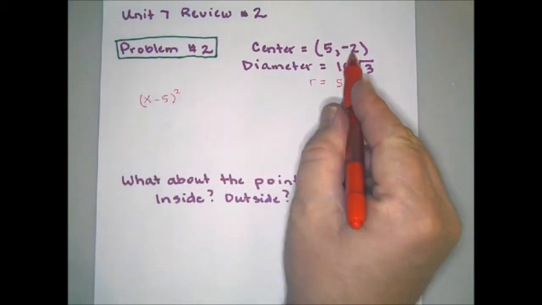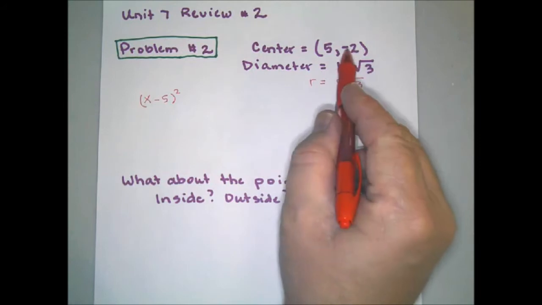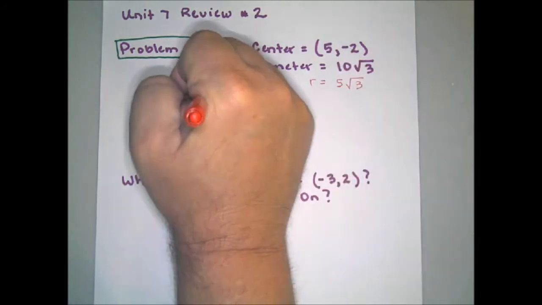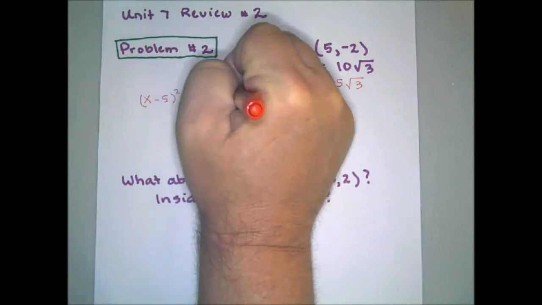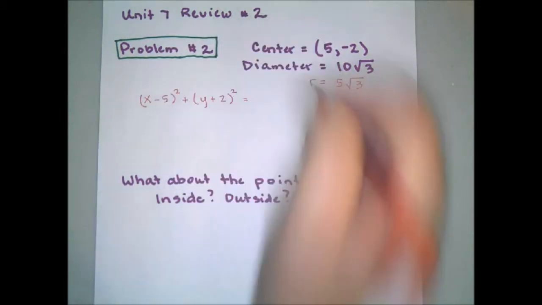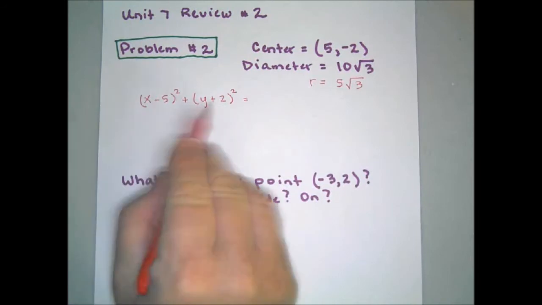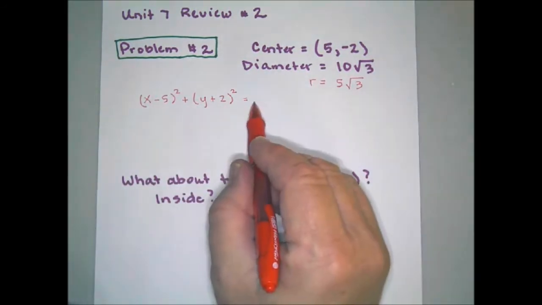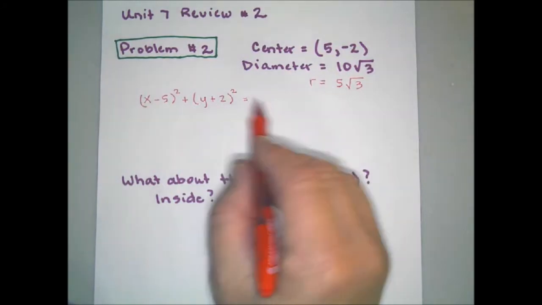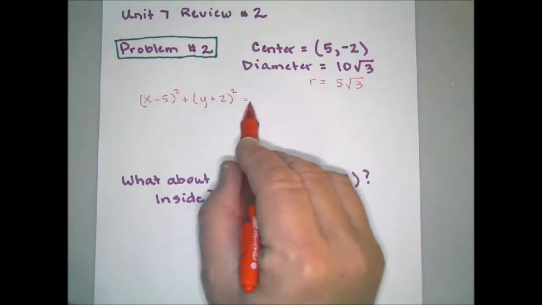Same thing for the y of -2. In order for the y-coordinate to be -2, the equation had to have been y plus 2 squared. Opposite, opposite. Now, all we need to know now is, what does the equation equal? Well, this is r squared. That's what goes right here.